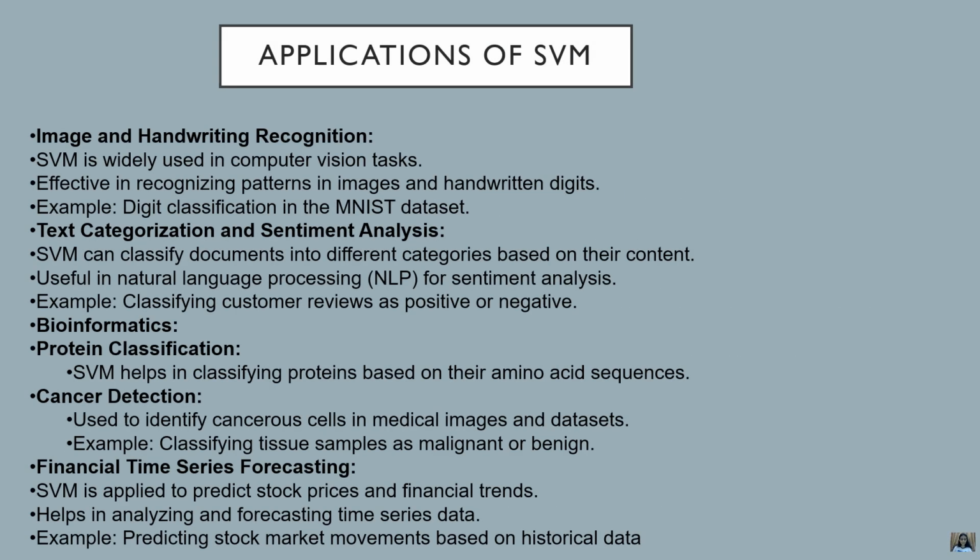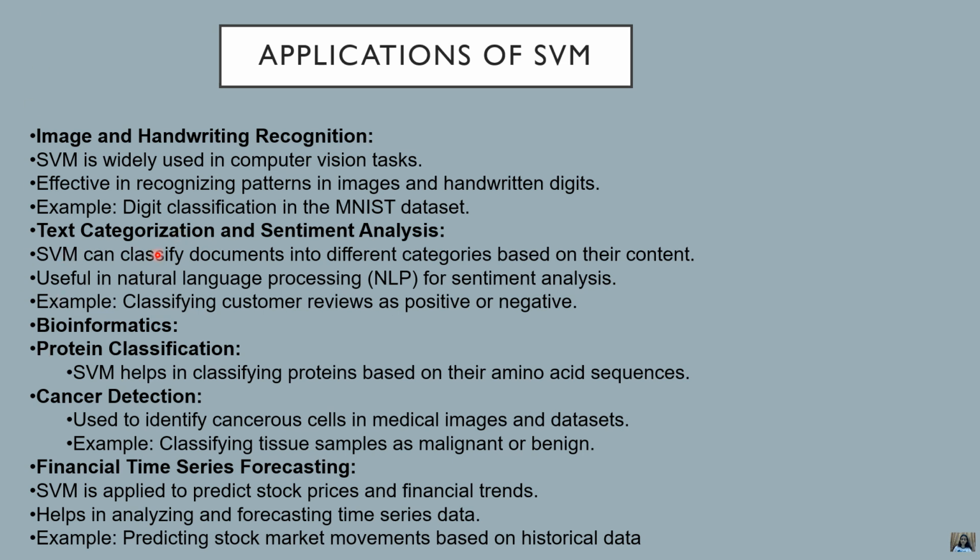So here are the applications of support vector machine. Those are image and handwriting recognition. SVM is widely used in computer vision tasks, effective in recognizing patterns in images and handwritten digits, for example digit classification in the MNIST dataset.